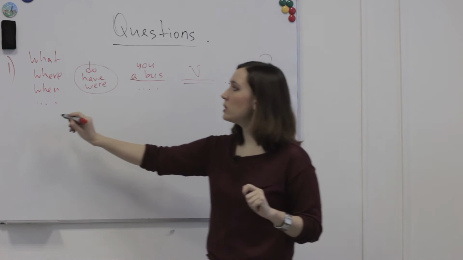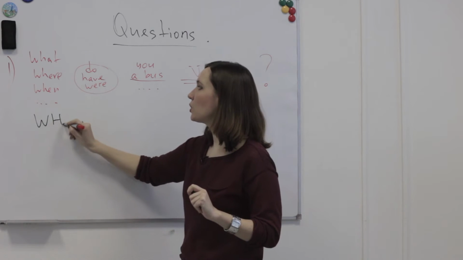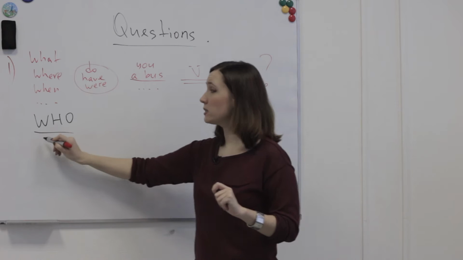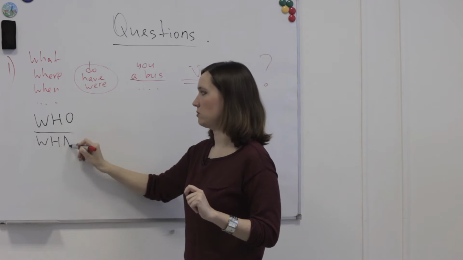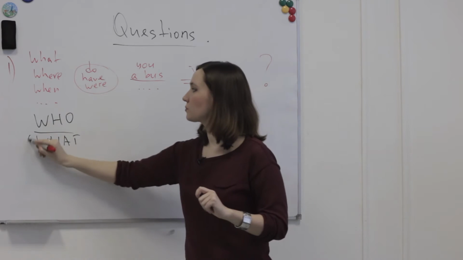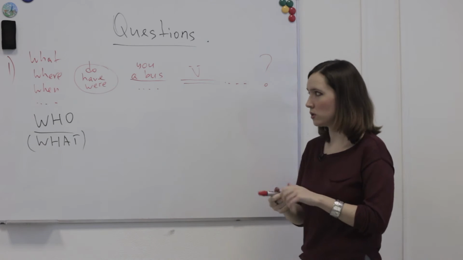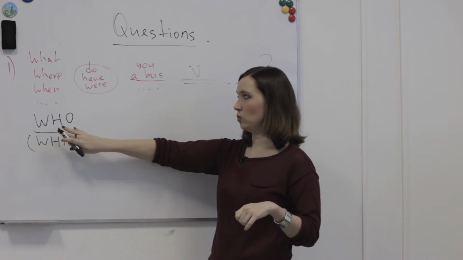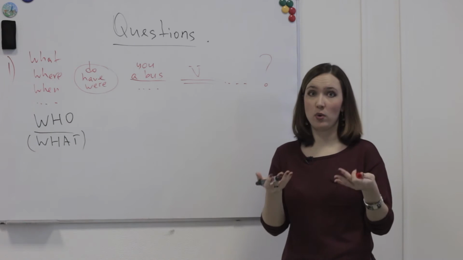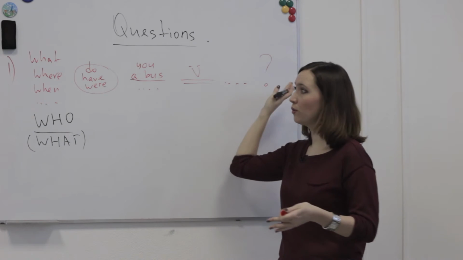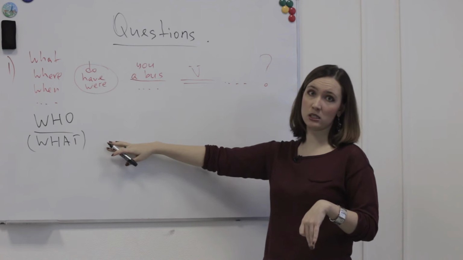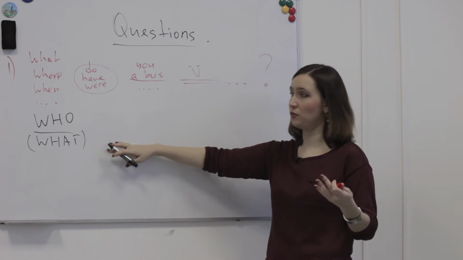However, there is a question word who, and in some cases even what, in fact, that you gotta be careful about. Because if who is the subject of your question, you don't do this whole thing, you just keep the sentence as it is in the positive form.